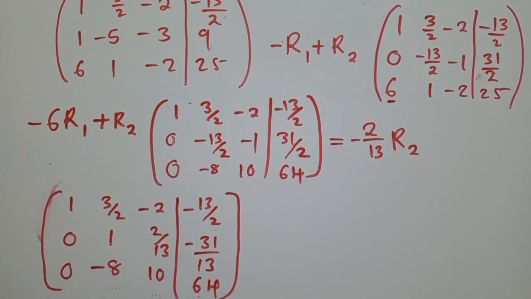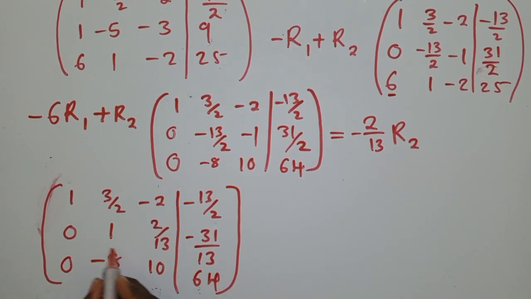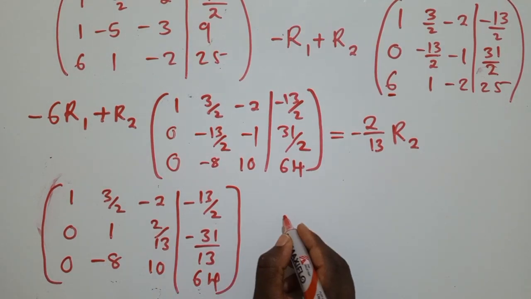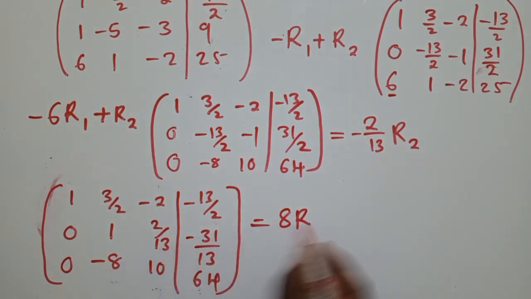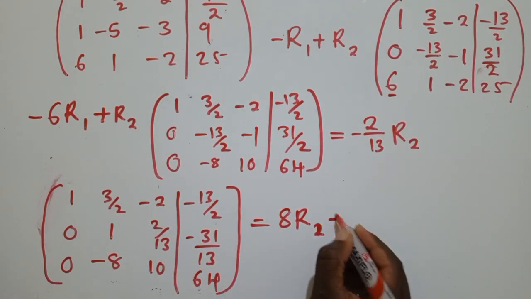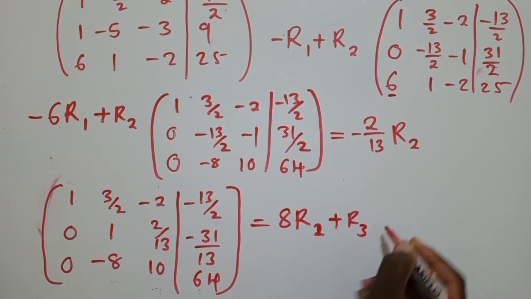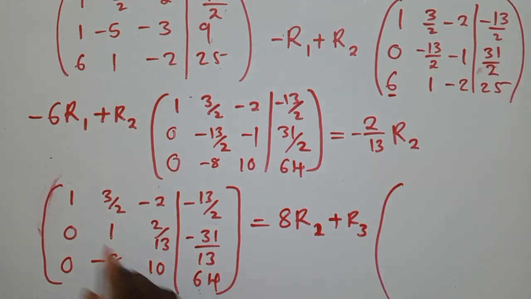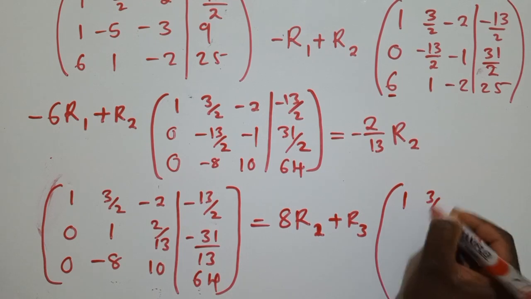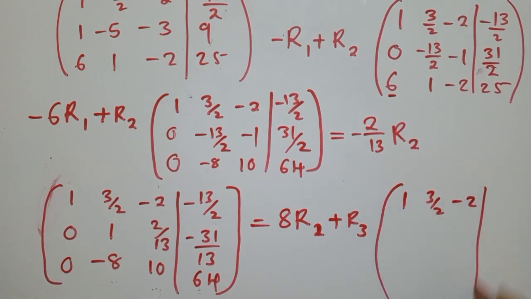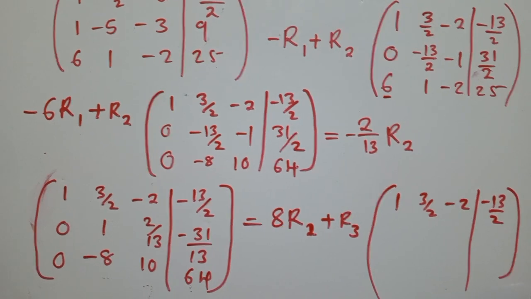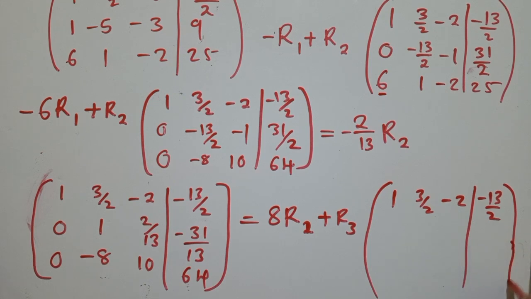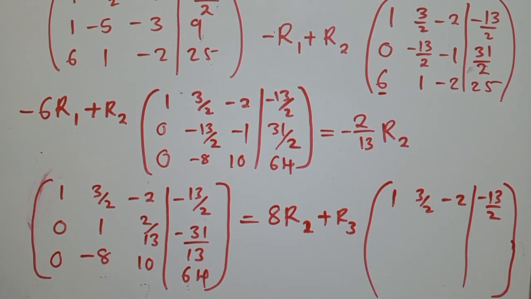The next thing here is now to make a 0 here. So it will be 8R2 plus R3. So this, of course, will give us a 1, 3 over 2, negative 2, and here we have a negative 13 over 2, like that. Okay? Hopefully you're following.